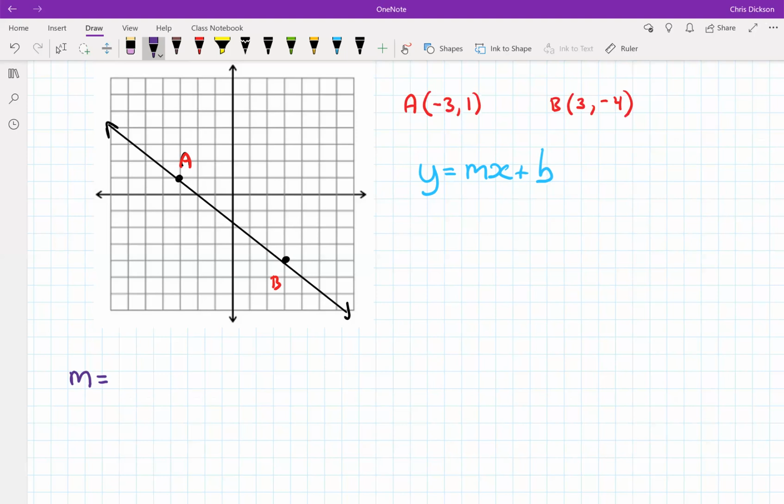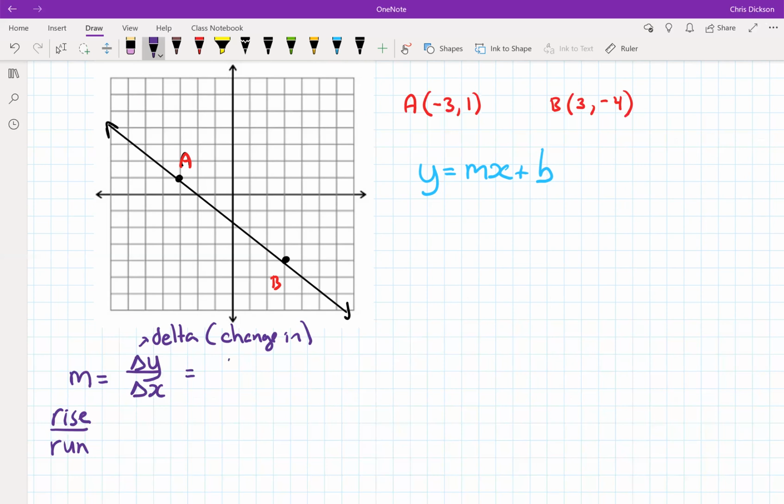So in those kinds of courses, your teacher will probably show you something like delta y over delta x. And that's really the same thing as rise over run. Remember, rise is the y values going up and down the y-axis, and run would be along the x values. And this weird symbol, it looks like I'm saying triangle y, stands for a term called delta, and delta means change in.